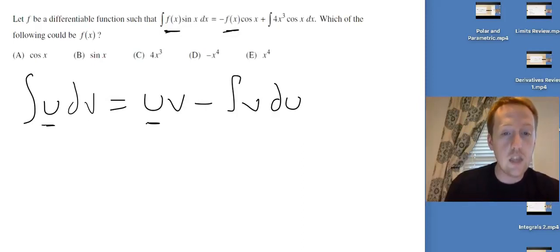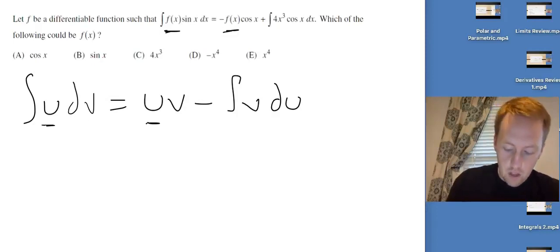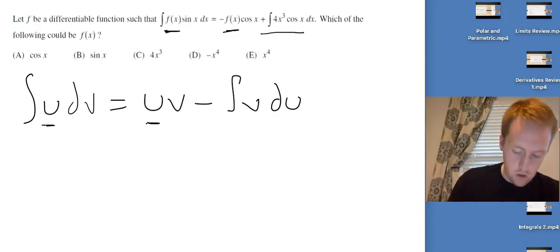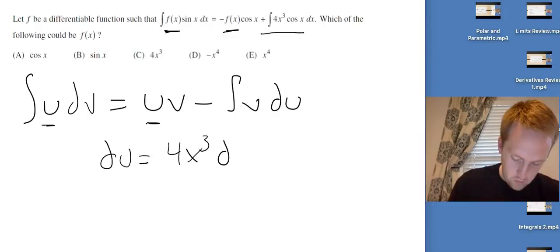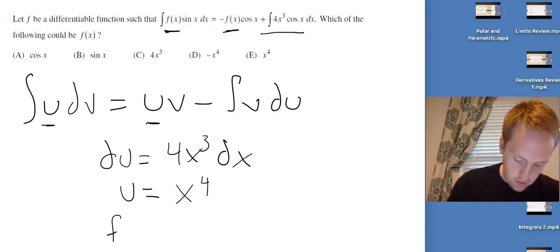So apparently du was chosen to be f of x. So that means du, if I look at this right here, was apparently this 4x cubed dx, which would mean that u is x to the 4th, which is our f of x.